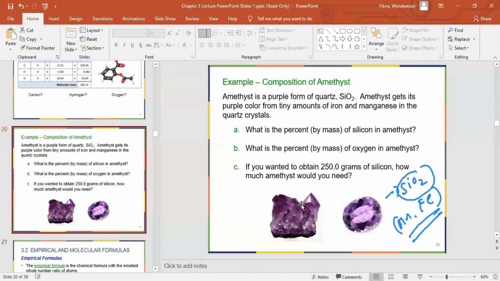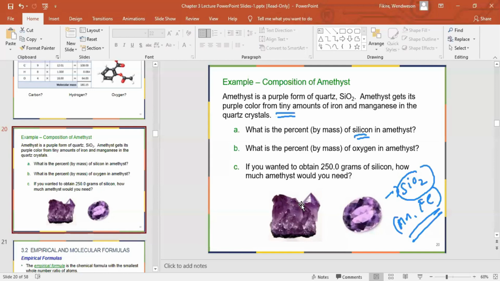Okay, so amethyst gets its purple color from a tiny amount, so not too much, of iron and manganese, which turns the color of quartz, SiO2, into purple. Having said that, what is the percent by mass of silicon in amethyst? We need to calculate the percent by mass of silicon.